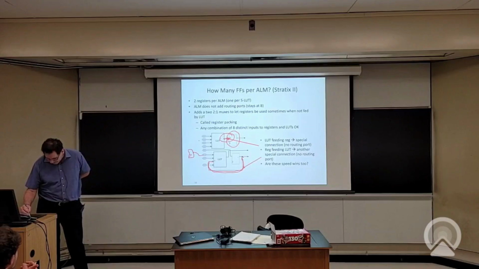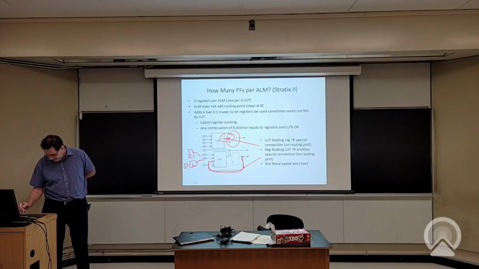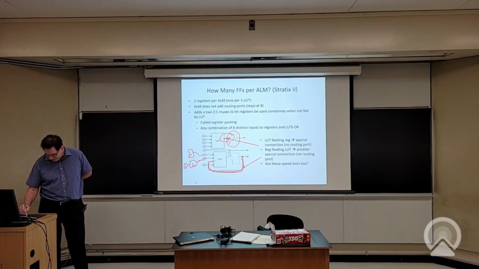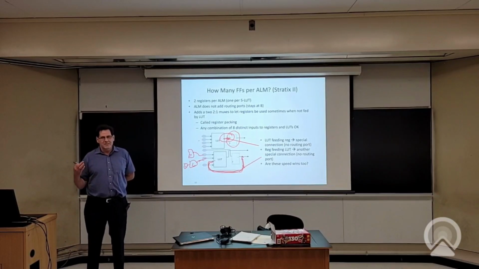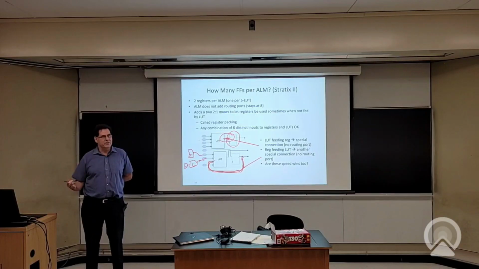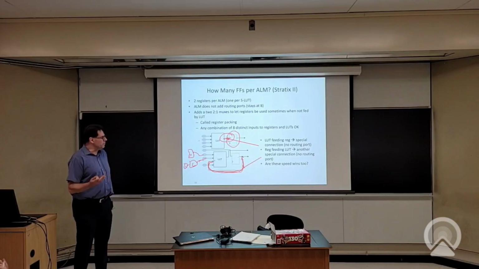If this one has a LUT, and that is fed by a register, that's even worse. There's a register, some routing, then a LUT, then some more routing, and then you get here. So we basically sped up a path that will never be the critical path. After we make this enhancement, it's guaranteed there's some other path on one of the other LUT inputs that will be slower, so it doesn't speed things up.